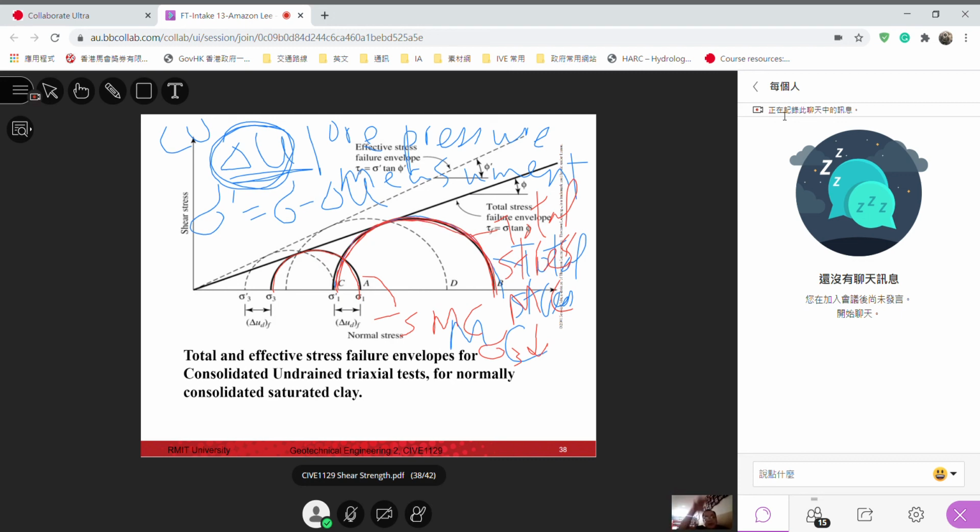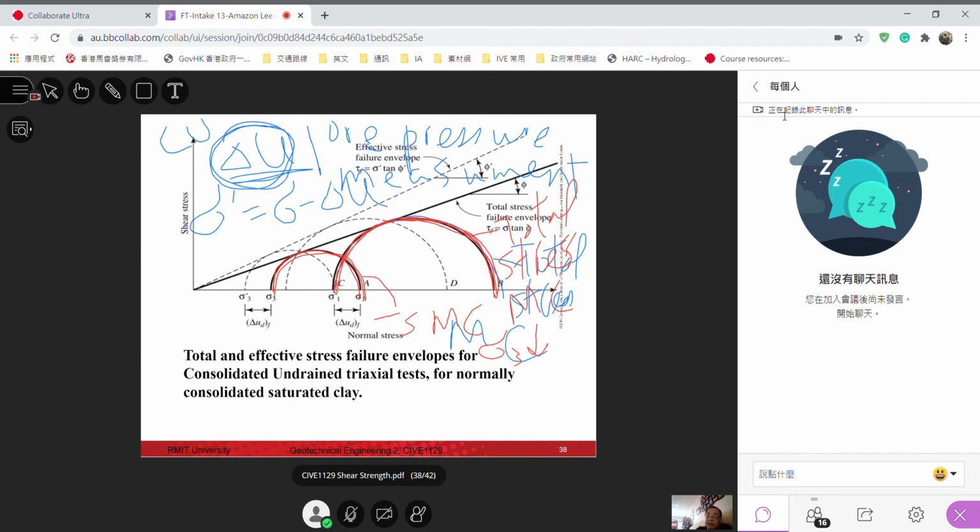From the same investigation, from the same column of soil, we trim one sample, apply a lower confining pressure, and get the initial total stress Mohr circle. Then from the same drilling on the same soil profile, just a little bit lower, we trim another soil sample, put it in the triaxial test, apply a higher initial confining stress, and conduct a consolidated undrained test, making a larger Mohr circle.